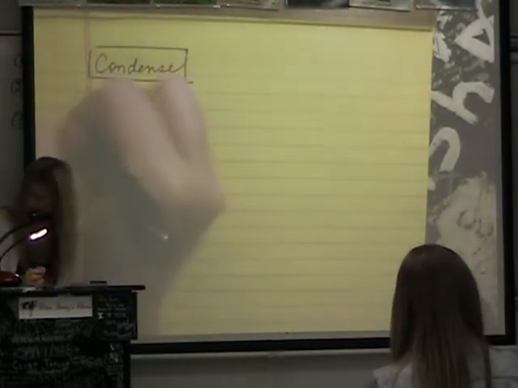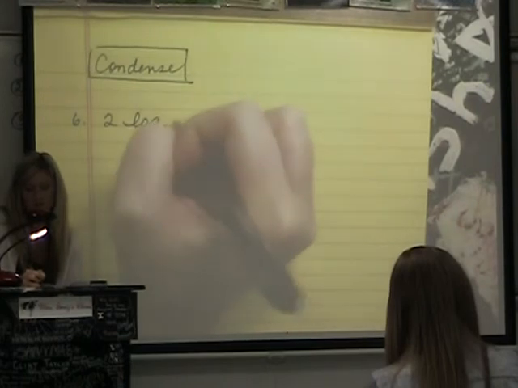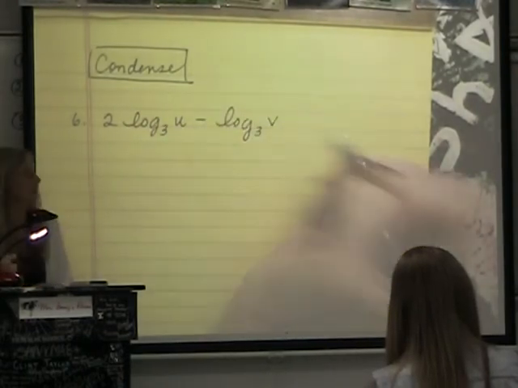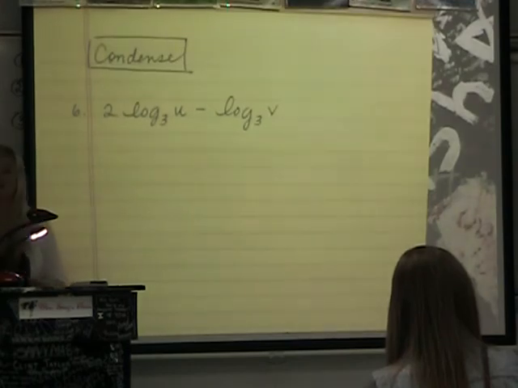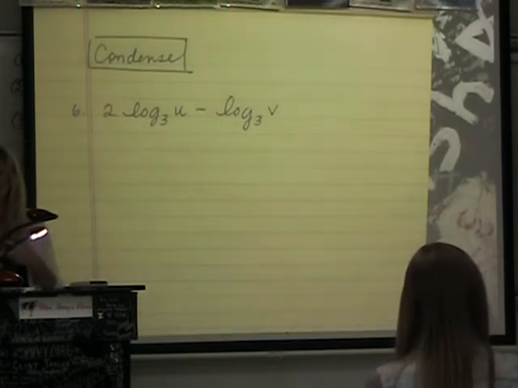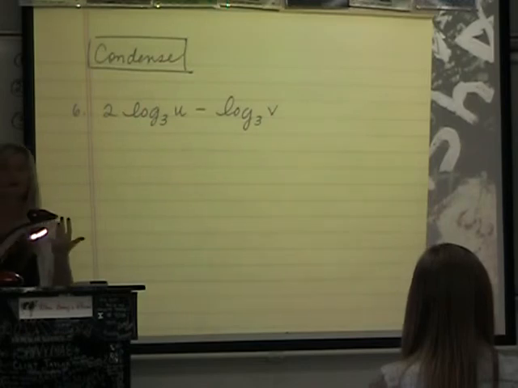Okay, so number 6 is going to be 2 log base 3 of u minus log base 3 of v. When you think about condensing, now you should be thinking multiplication implies an exponent. Subtraction implies division. Addition implies multiplication.